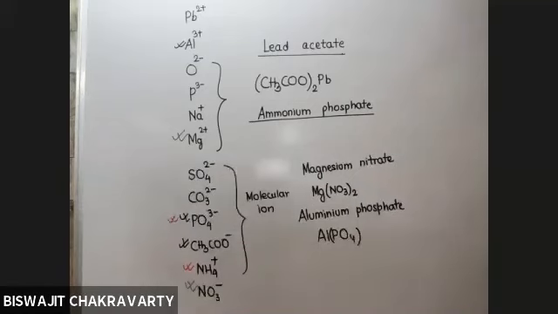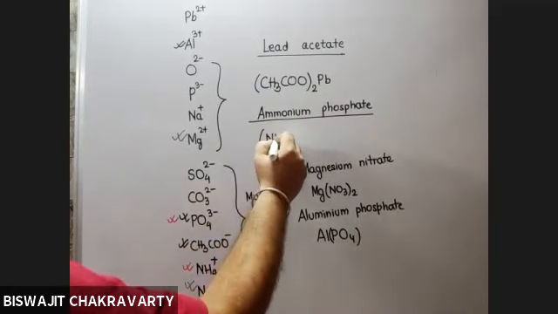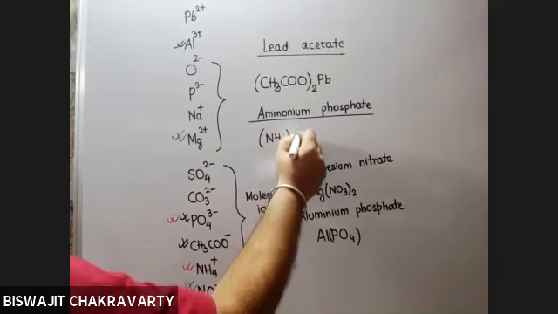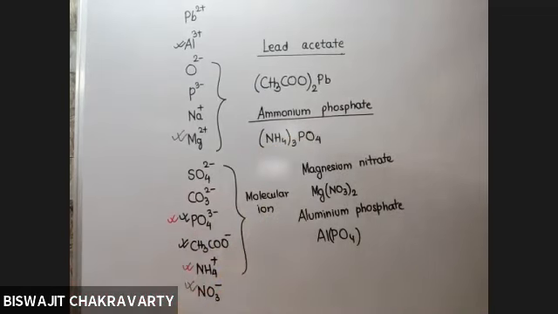So what will be the formula for ammonium phosphate? Tell me. NH4 plus and PO4 3 minus. Anybody getting it? (NH4)3PO4. PO4 is there, na? It is fixed.